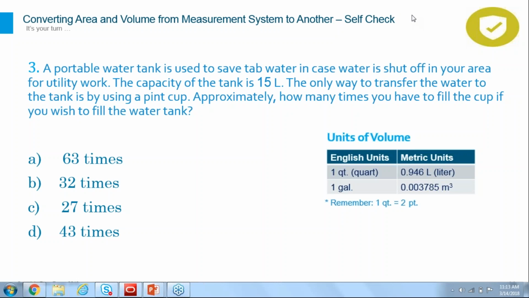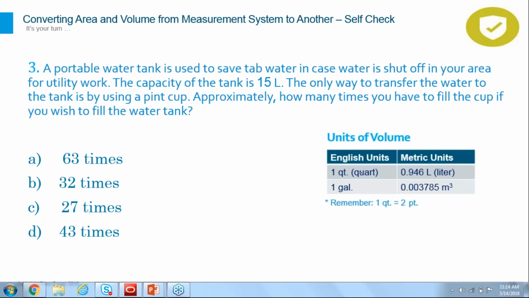And let's see then how many pints we need to fill out that 15-liter water tank. So the first thing I'm going to do is change liters to quarts because the table relates liters with quarts.